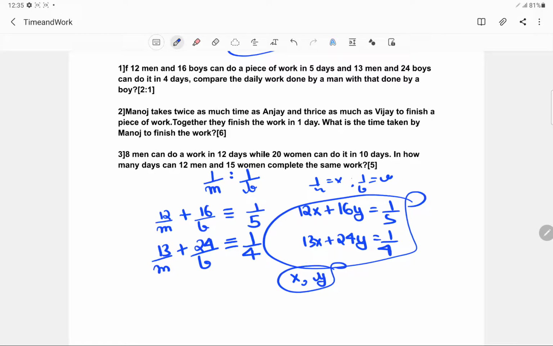Once you get x and y, you can directly get 1 by m. If x is equals to this, so m would be 1 by x. That is the 1 day work. So this is very simple. You just have to solve the equations here.